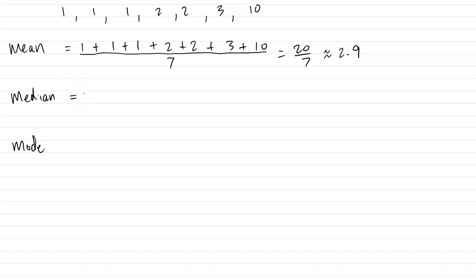So for the median, you have to order the data values first from smallest to largest, which we already have: 1, 1, 1, 2, 2, 3, and 10. Then you just look at the middle data value. In ordering these, we have 3 on this side and 3 on this side. So the middle data value is the 2.